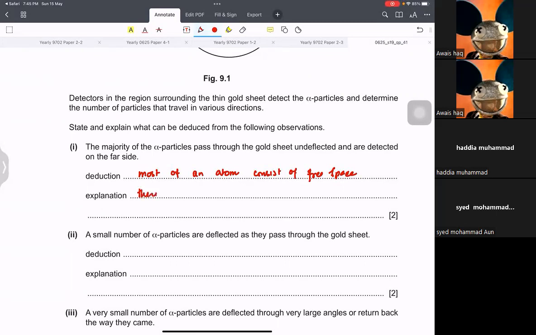So we got it. There is a tiny nucleus at the center, so very few particles come close to it.